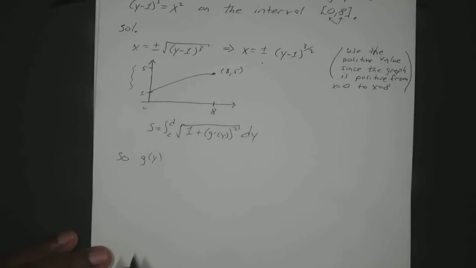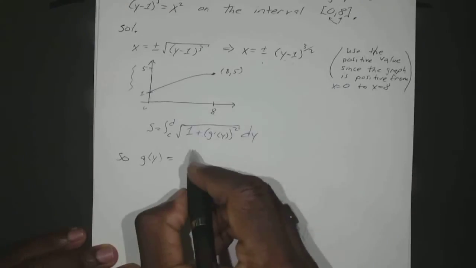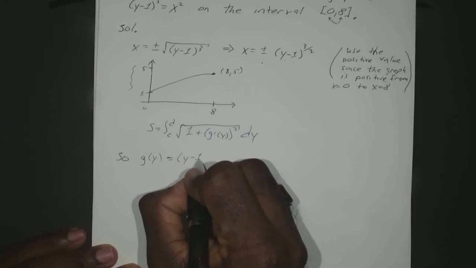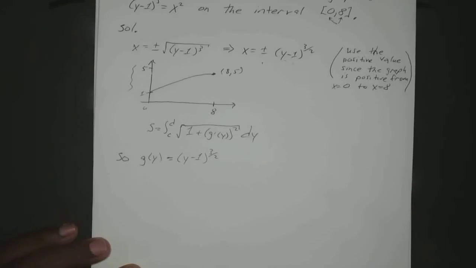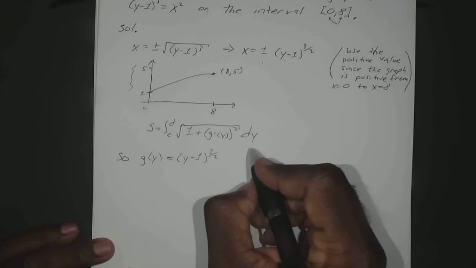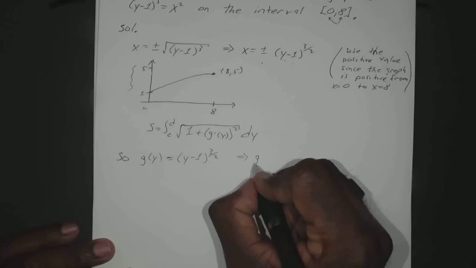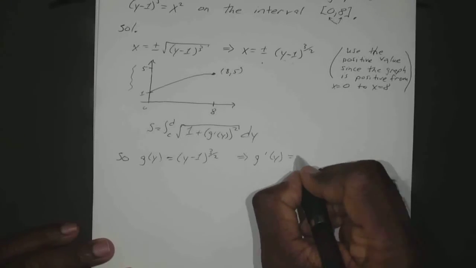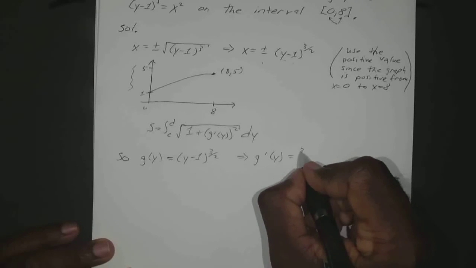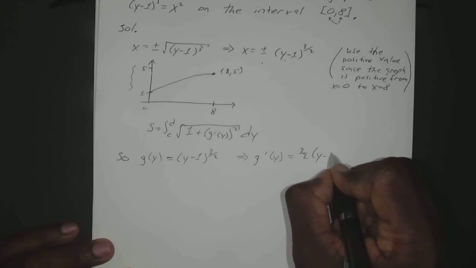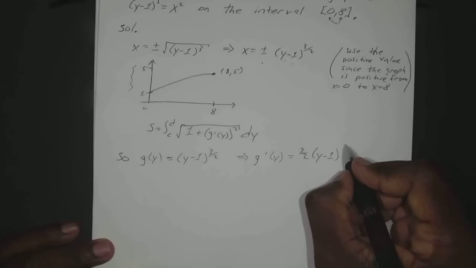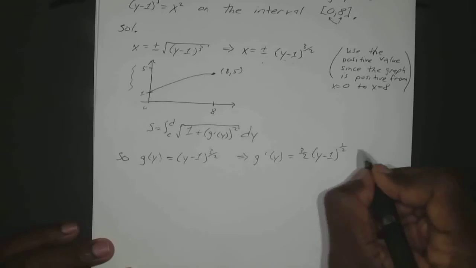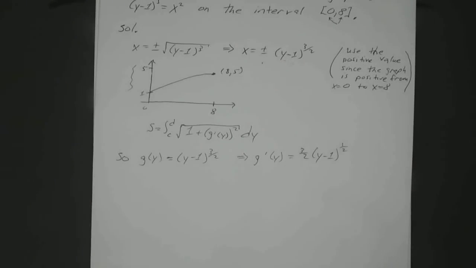Okay, so we know if g of y is equal to y minus 1 to the 3/2 power, then g prime of y is equal to, bring down your 3 over 2, y minus 1, 3 over 2 minus 1 is 1/2, and your u prime is just 1, so it stays that way.